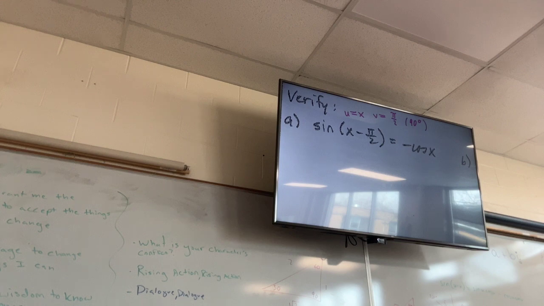Okay, so then using my identity there, the sine of the difference, that's going to become sine x cosine pi over 2 minus cosine x sine pi over 2. You guys see how I plugged everything into my formula?